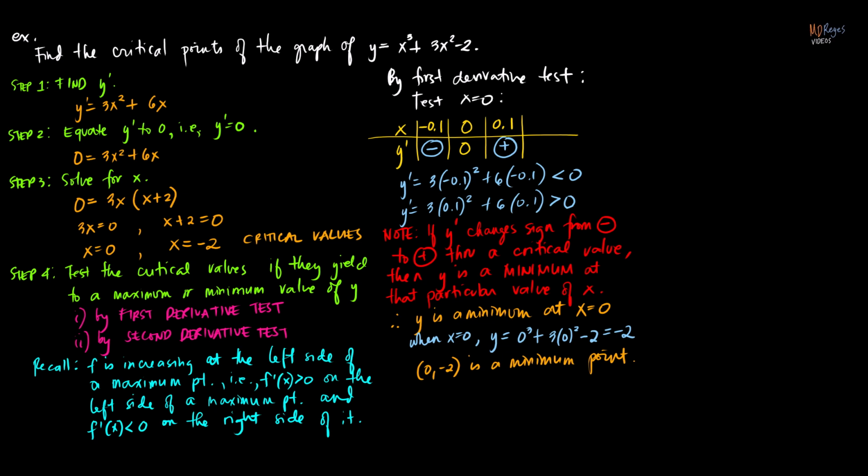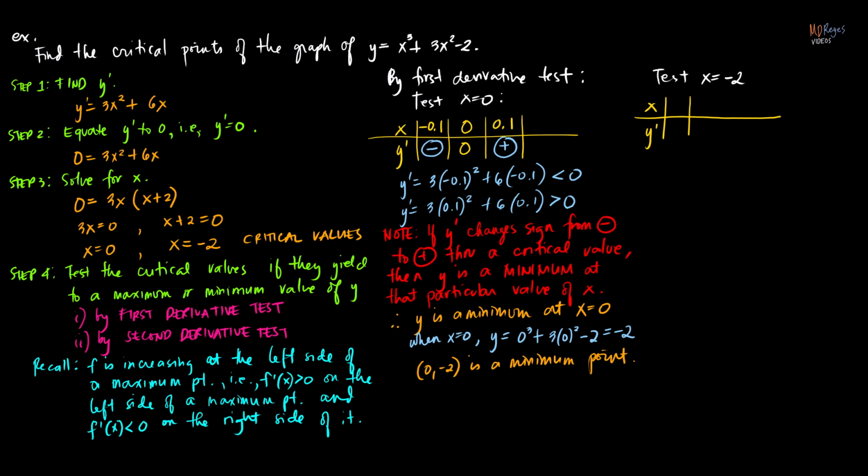So that's how the first derivative test goes. Now we test the other value. Test x equals negative 2. We want to know this time if negative 2 yields a maxima or a minima. Using the first derivative test again, we'll just create a table.